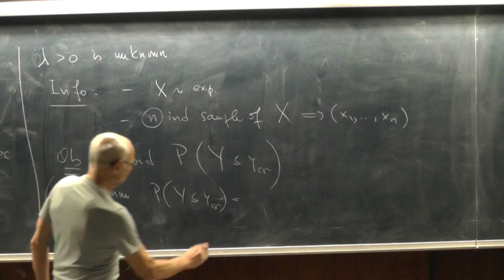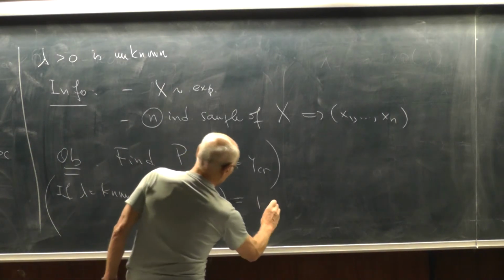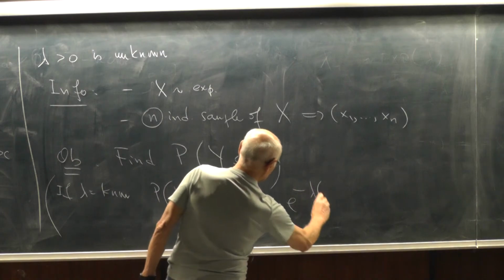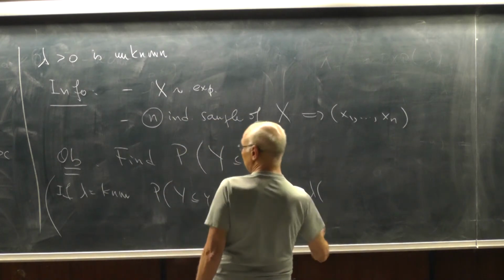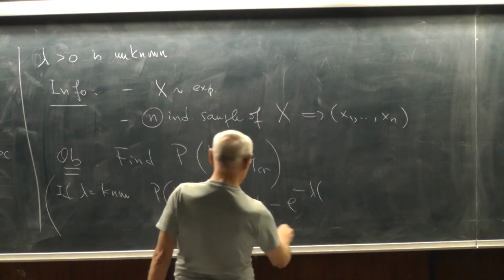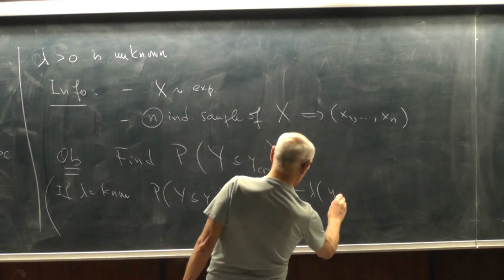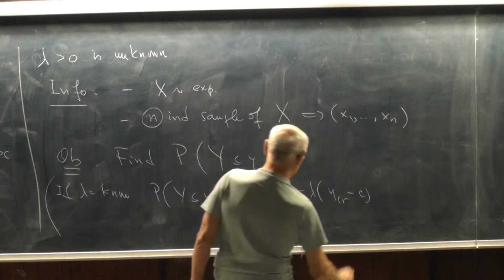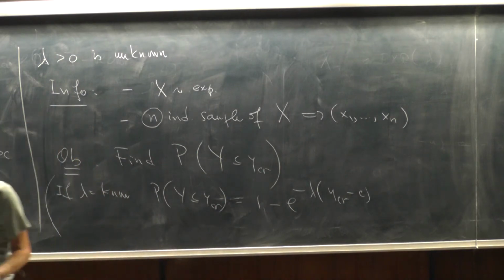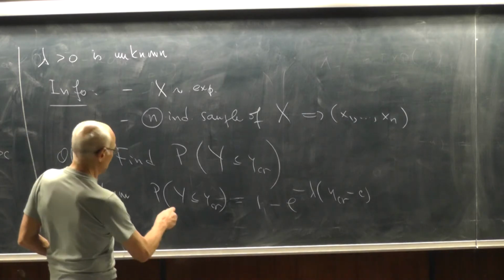So the distribution would be 1 minus e to the minus lambda, y critic minus c. That's provided that y critic is larger than c, as indicated before. But we don't know it. So from that information, first, we have to get a fix on this lambda.